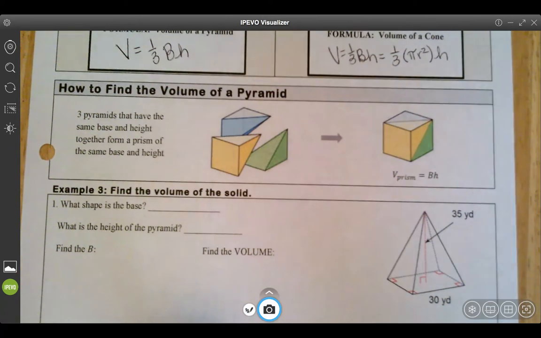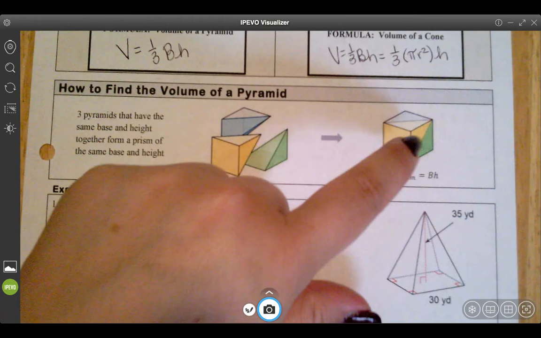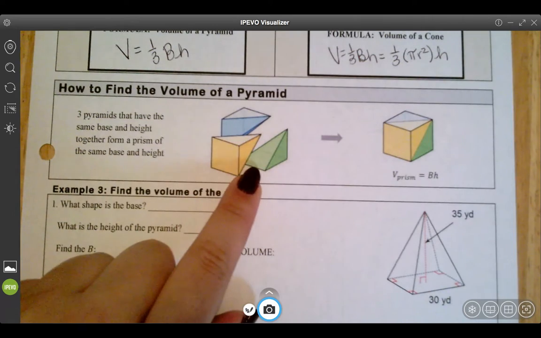So if you have an ice cream cone and a small glass that have approximately the same dimensions, what you could try is filling up that ice cream cone with water and seeing how many times it would fill the glass. And it will take 3 ice cream cones in order to fill a glass with the same dimensions, same base and the same height. Okay, so that's kind of how you can think of this.